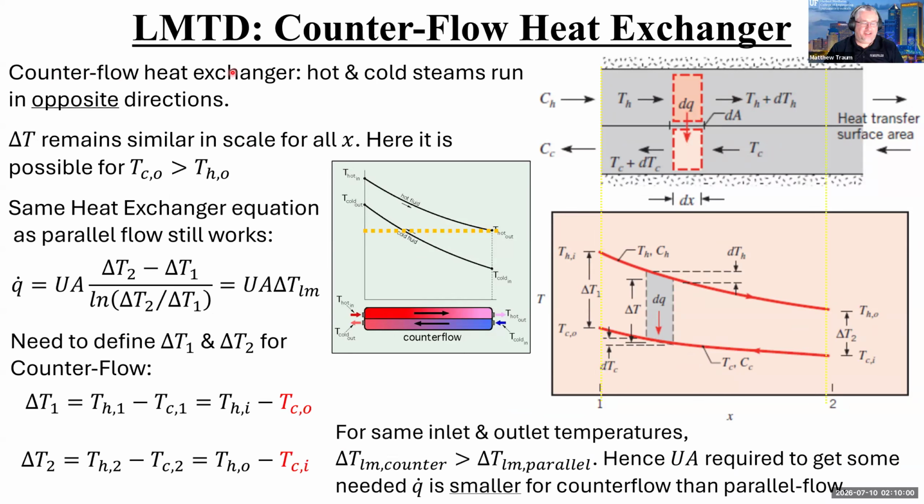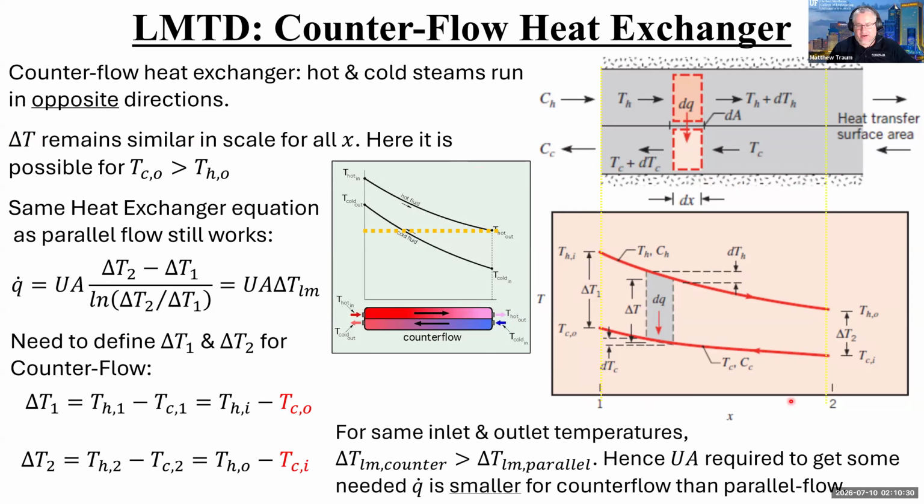So for counterflow heat exchangers, the cold and hot streams run in opposite directions. Notice we've got the hot fluid entering from the left and leaving from the right, and we've got the cold fluid entering from the right and leaving from the left. So they run counter to each other. For this case, the change in temperature remains similar for the entire traverse of the heat exchanger, the entire x distance.